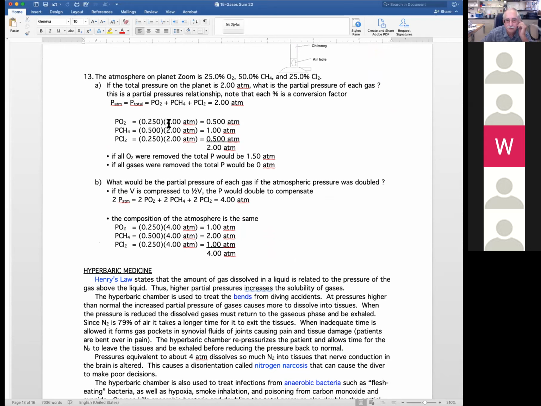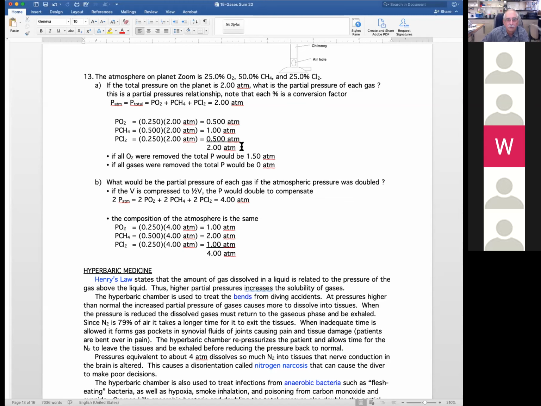So the total pressure is 2 atmospheres. It's 25% oxygen, so 0.25 times that means that the partial pressure of oxygen is 0.5 atmospheres. Similarly, methane is 1 atmosphere, and chlorine, and you see that adds up to the 2 atmospheres.